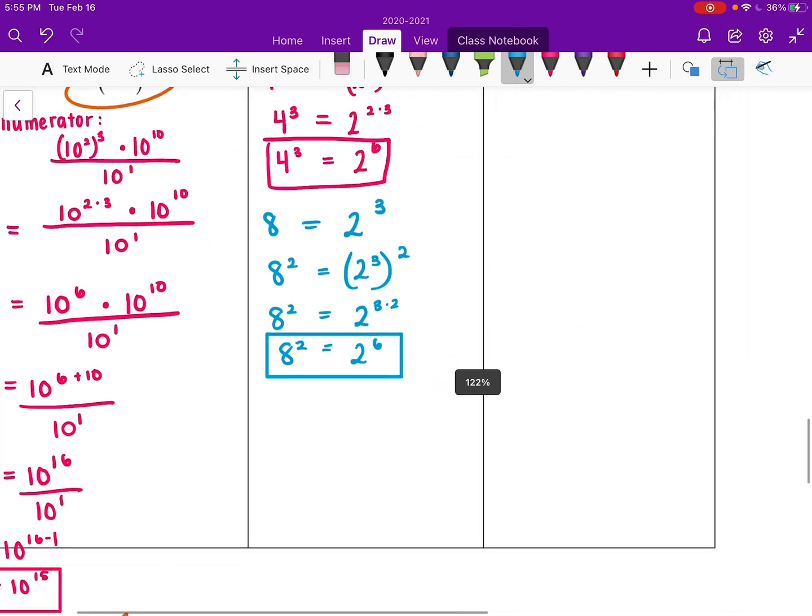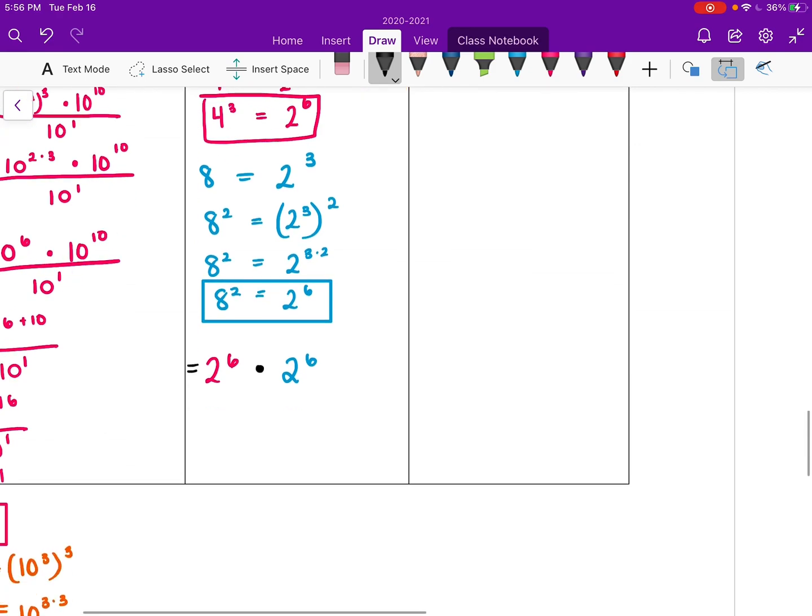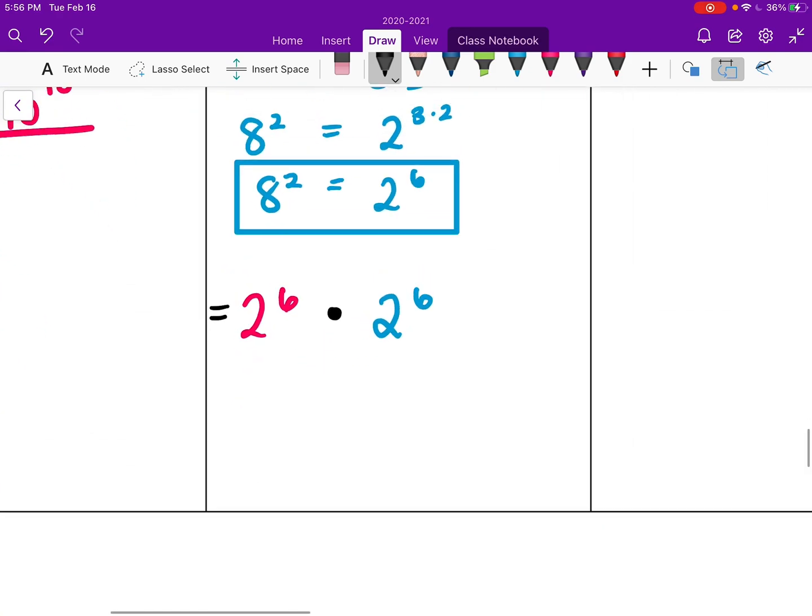Let's put that back into the original equation. I can substitute my 4 cubed as 2 to the power of 6 multiplied by my 8 squared, which is 2 to the power of 6 as well. So now I have 2 to the power of 6 multiplied by 2 to the power of 6.